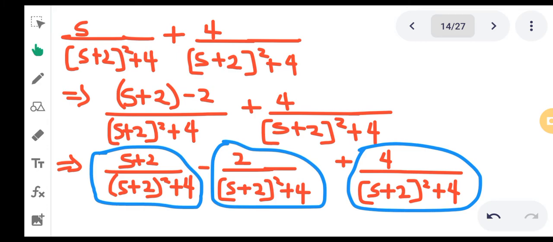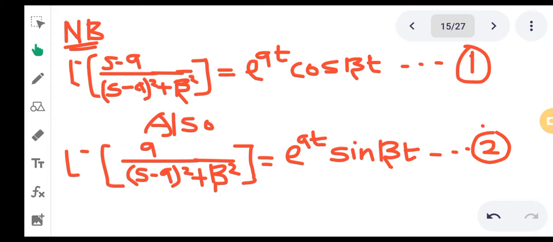So this becomes very easy for us to use the Laplace table to find our solution to the question. Okay, so find the Laplace inverse of this, Laplace inverse of this, Laplace inverse of this. Whenever we have a Laplace inverse of s minus a all over s minus a all square plus beta square, this is due to shifting. We have already learned from our previous videos how we had this and how we will use it to solve.